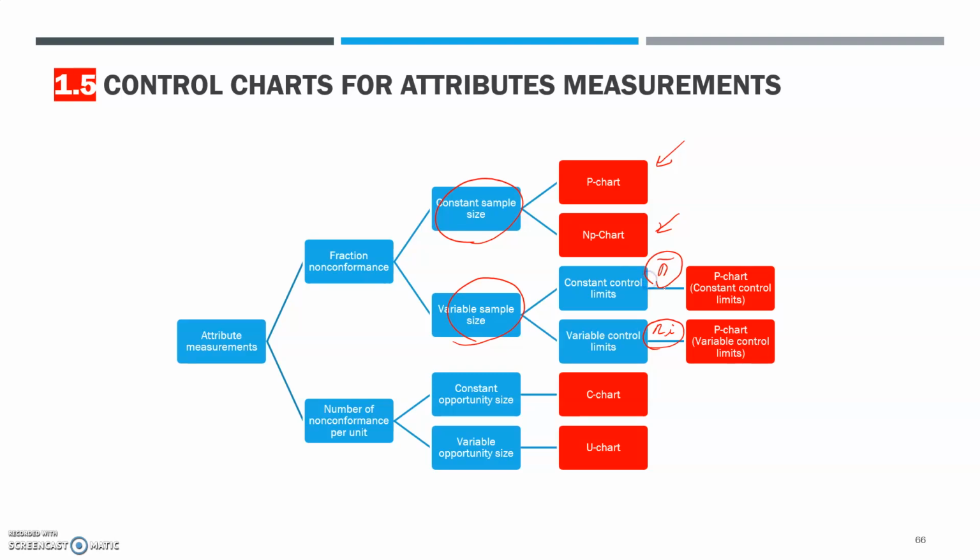With n bar, you'll be seeing a constant control limit from group to group, but you have to assess whether it is applicable or not before you use it.